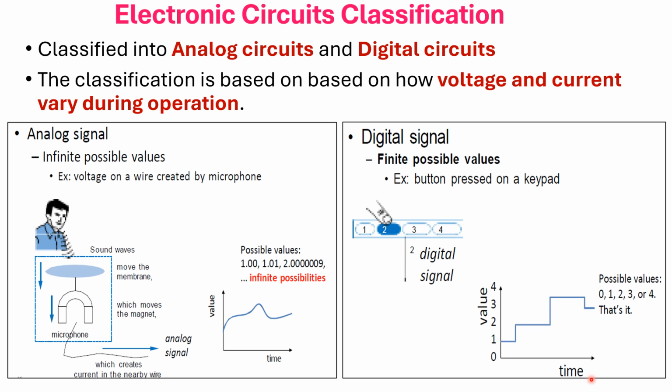So you have countable values assigned to each key on your keyboard. For example, you have 1, 2, 3, 4, which means that for 1 you will have a voltage level of 1 assigned, for 2 a voltage level of 2, for 3 you will have 3, and you will have 4. So in this case you will have only finite possible values, whereas in the case of an analog signal you will have infinite possible values.